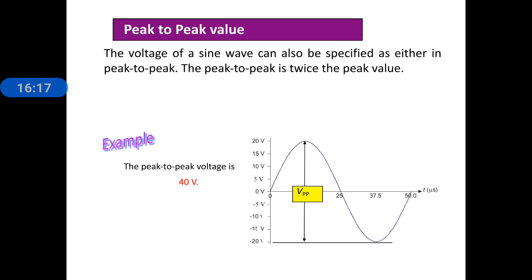In this example 40 is the value. In the peak to peak value, we are not giving any sign, positive or negative. It is a difference between one point to another point in terms of voltage. So total 20 on the positive side and 20 on the negative side, so the total difference is 40 volt.